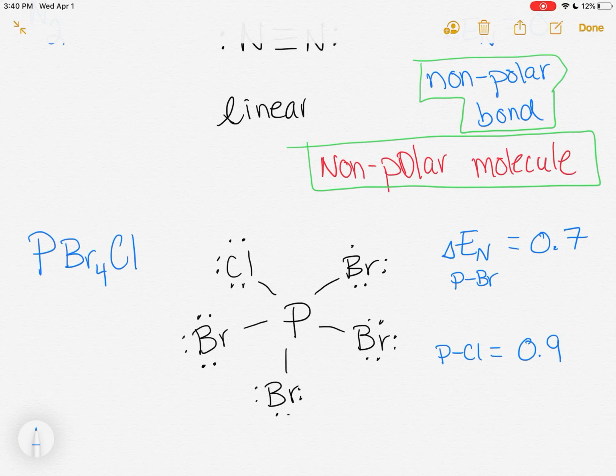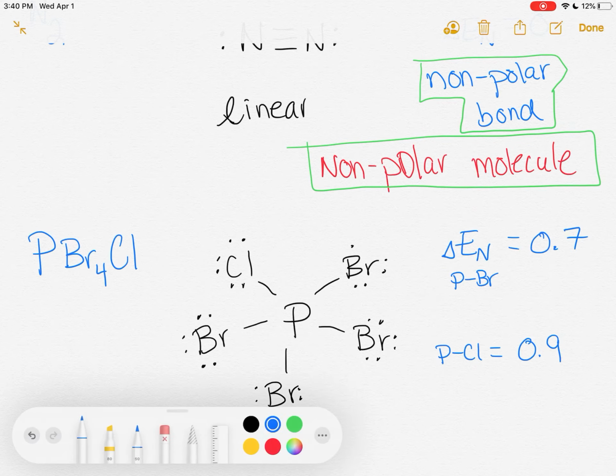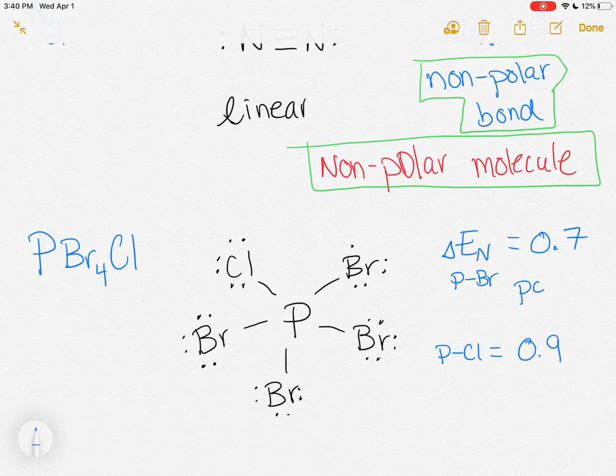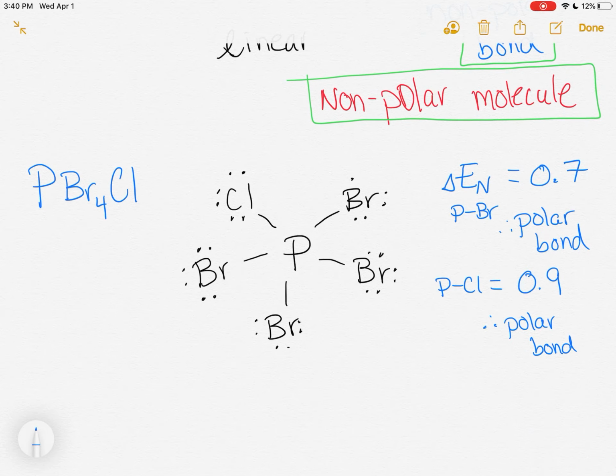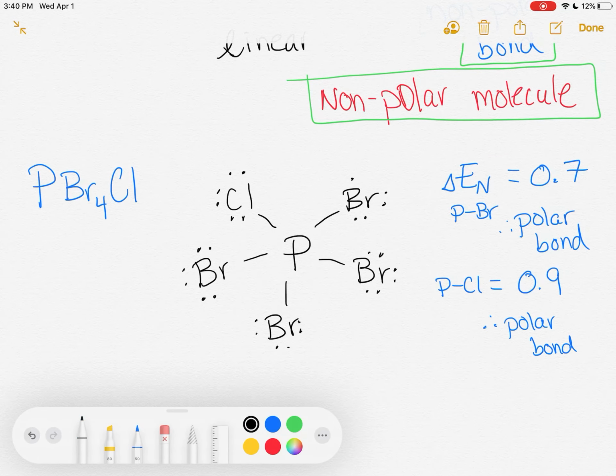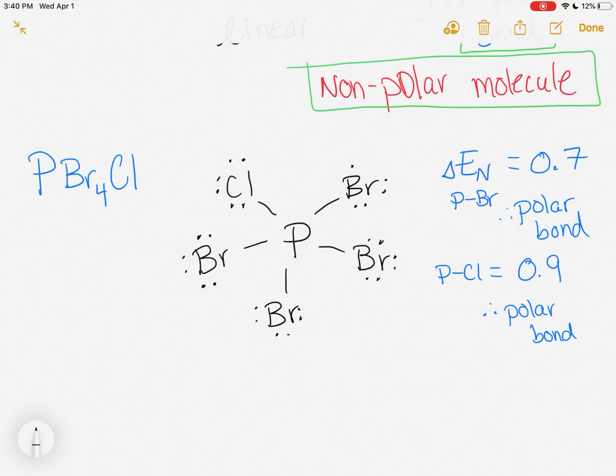So it's 0.9. Okay, so both of those are polar bonds. So we definitely still have our polar bonds. Okay, when we look at the shape for this molecule, we've got 5 things around the middle here. So we're dealing with a trigonal bipyramid.